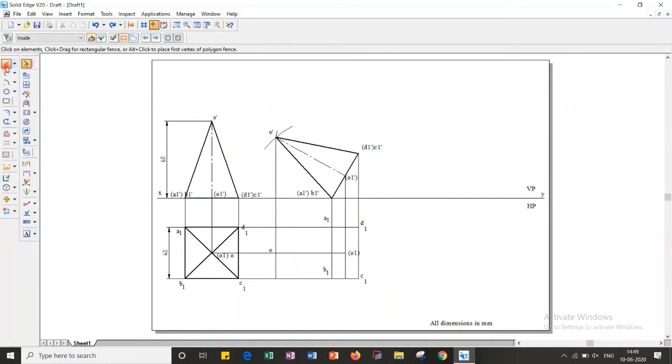So one thick line from A1 to O. B1 is outermost, C1 is outermost, D1 is outermost, again A1 is outermost. So I am concentrating only on outermost points now and connect all the outermost points using a thick line.